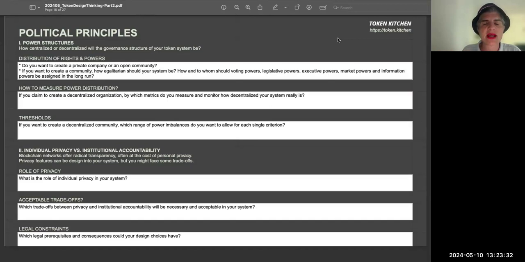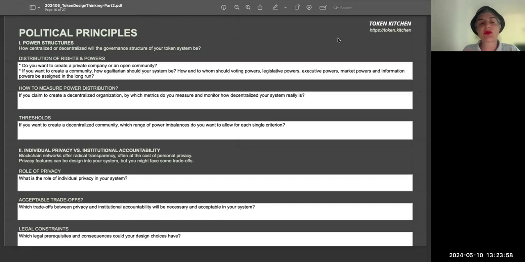One is around the power structures in your network. How are the rights distributed in your network and who has which rights? Is it more centralized or more decentralized? Do you have power structures where some people have most of the power in the network or not, and which power are we talking about? We will deep dive into these questions in a bit.